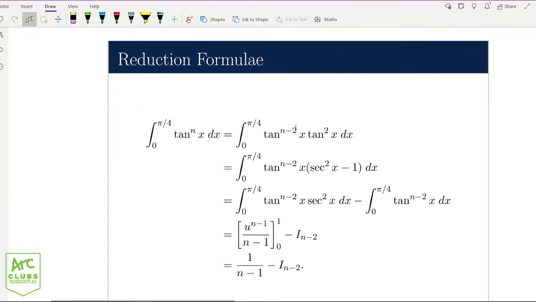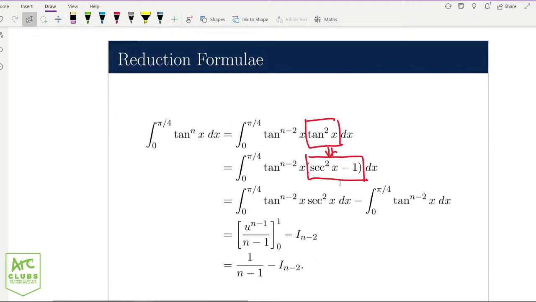As you can see, we're splitting it first to isolate that tan squared x term at the start, and then using our identity, tan squared x is equal to sec squared x minus 1. So we're going from here to here.